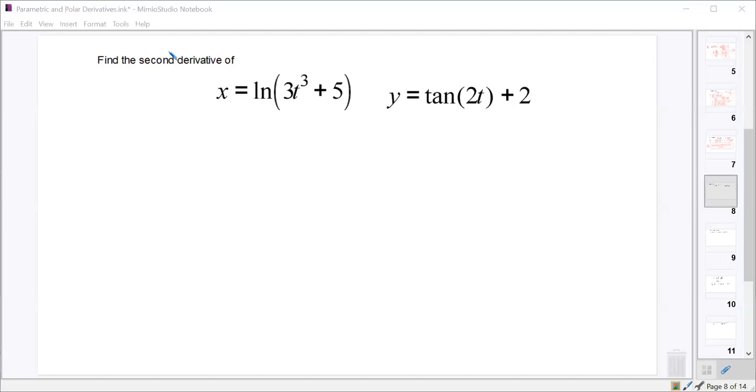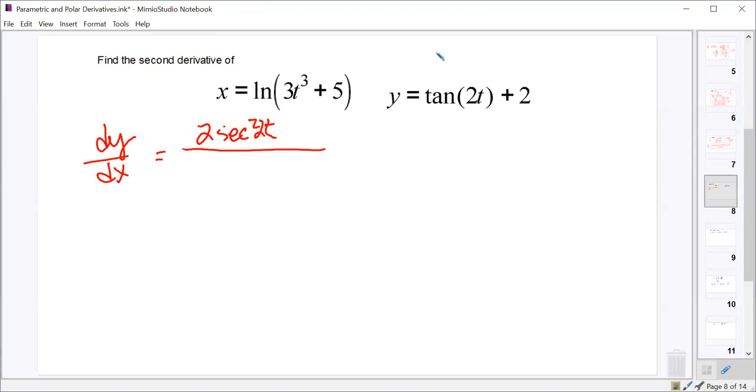All right, how are you guys doing with this one? What did you get for just dy/dx? dy/dt should be 2 secant squared 2t. You guys agree with that? Okay.